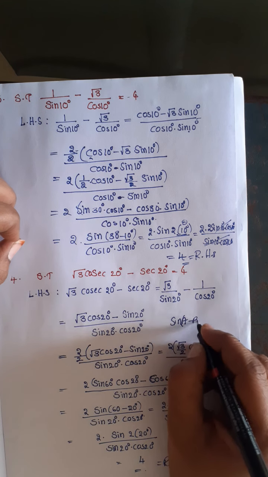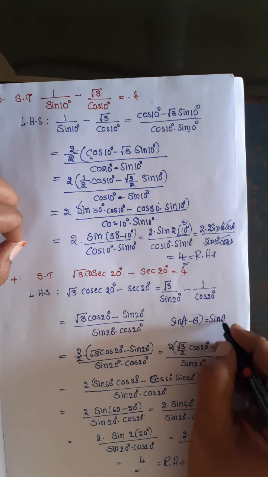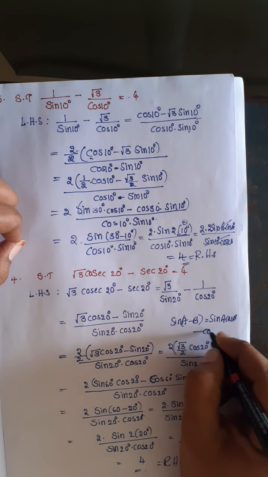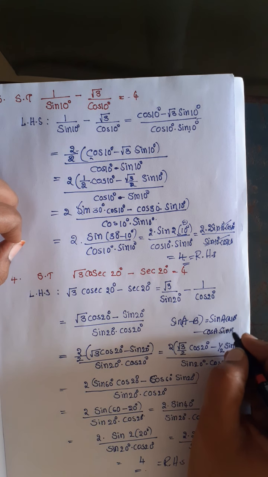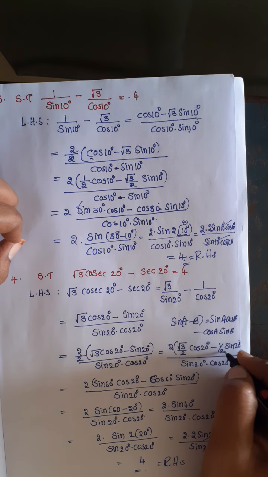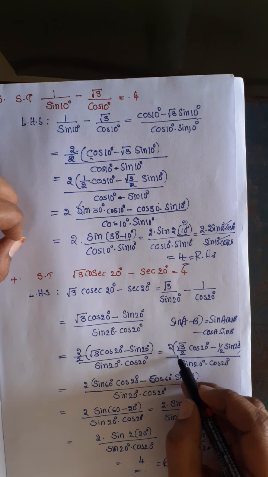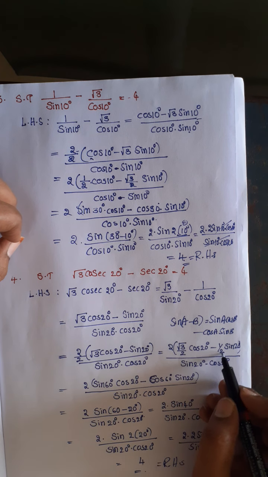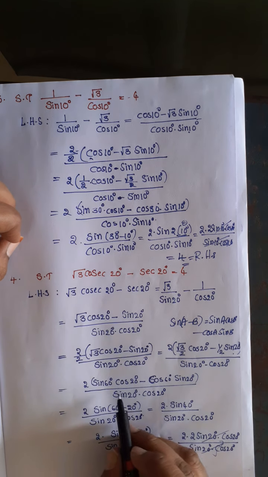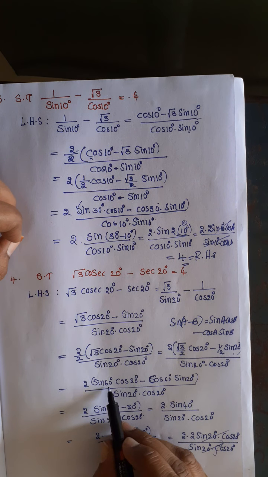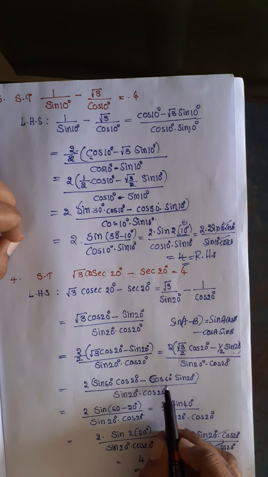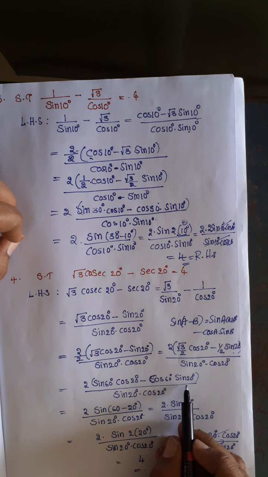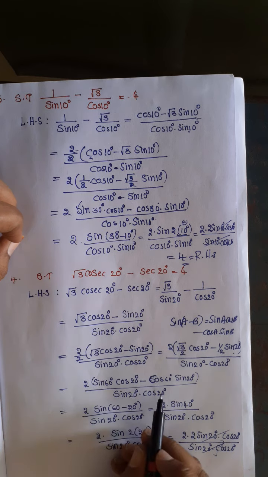Sin A minus B is equal to sin A cos B minus cos A sin B. So I should get the sin term here, I should get the cos term here. So sin for what value? Sin 60 degrees cos 20 minus cos 60 degrees sin 20. Now you observe here: sin A cos B, A is 60 here, B is 20 here, cos A 60, sin B, yes, it is in the correct order only.